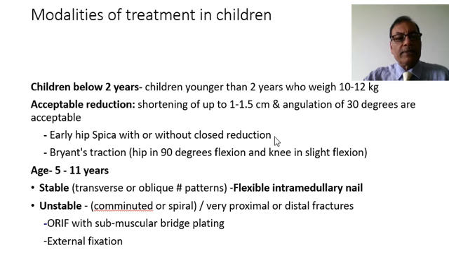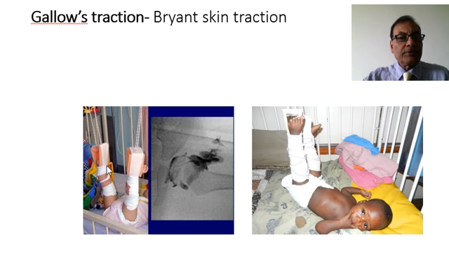And many are advising just apply hip spica with or without close reduction. If close reduction is also not needed, remodeling will take care of everything. Or you can do the Bryant traction, hip in 90 degree of flexion and knee in slight flexion. You can see this is the Bryant traction or Gallows traction.